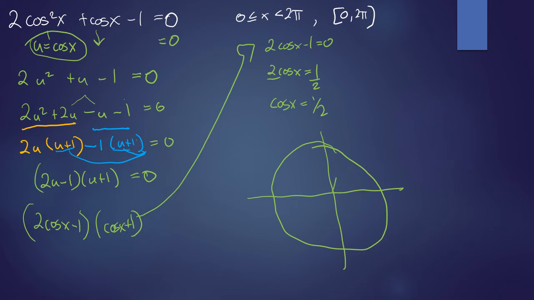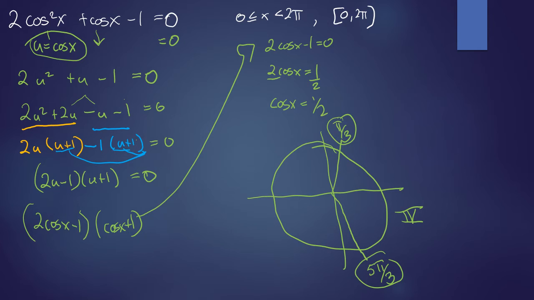We have that here at 60 degrees, or pi over 3. We also have cosine positive in quadrant 4. And so we're going to come down here and we have the cosine of 1/2 for when the angle is 5 pi over 3 as well. So those are two of our answers.